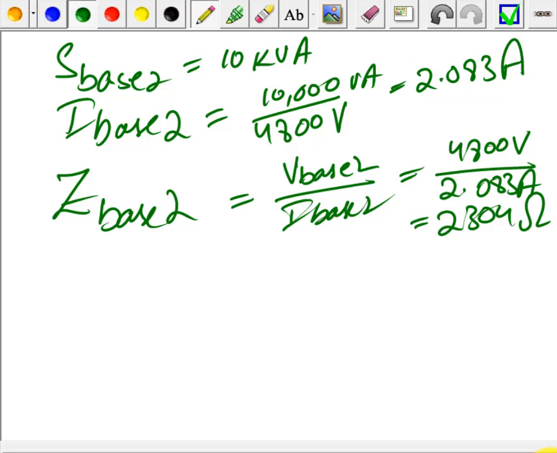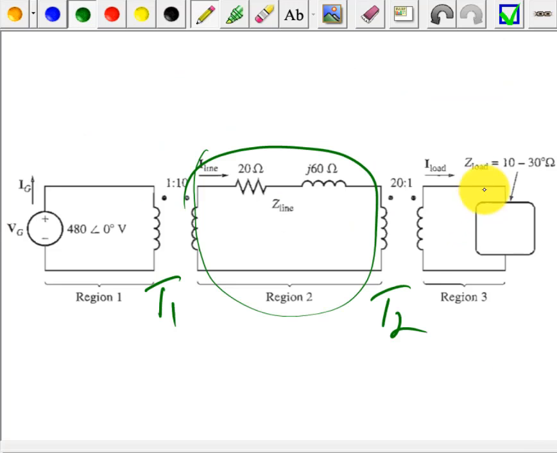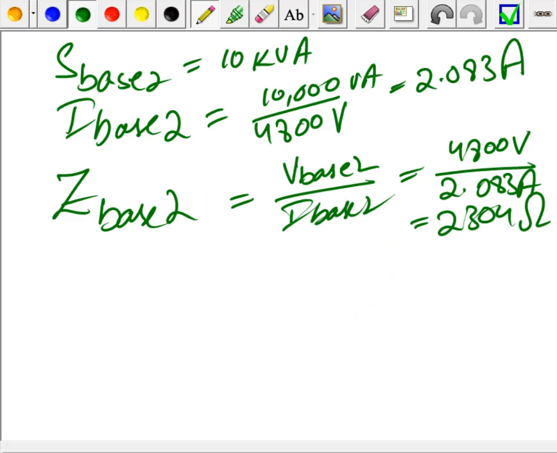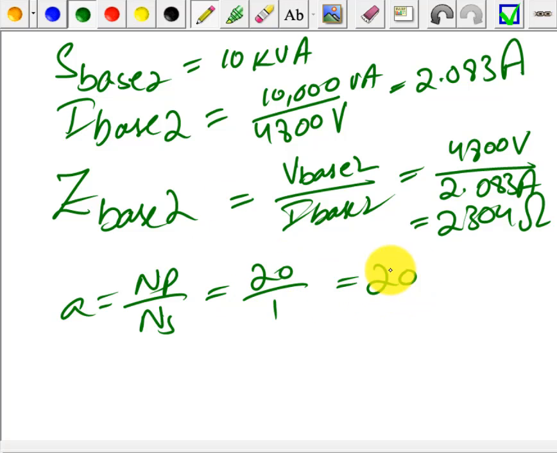Similarly, now we will move to the next part, that is the load part, and here the transformation ratio A, which is NP over NS, is 20:1, so it is 20/1, which will be 20.